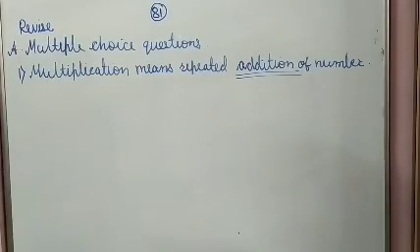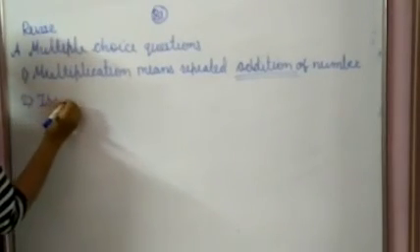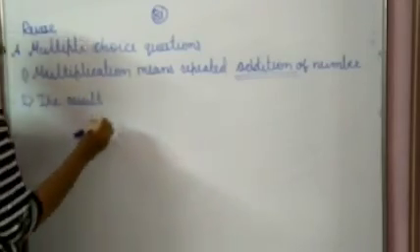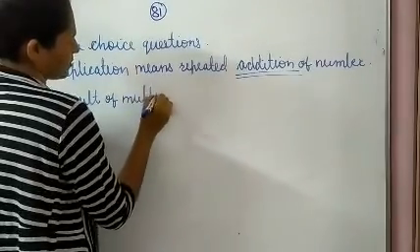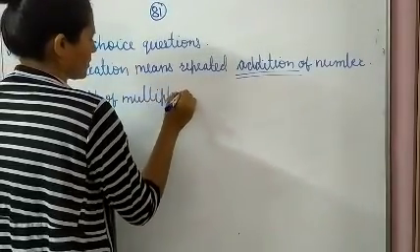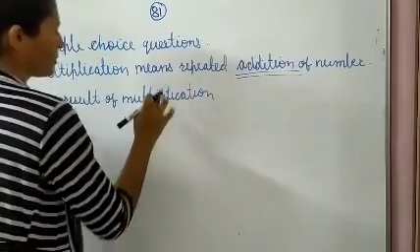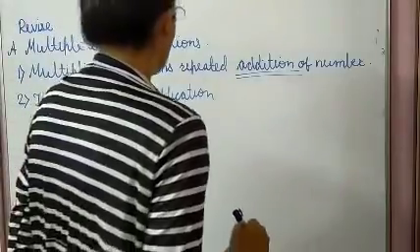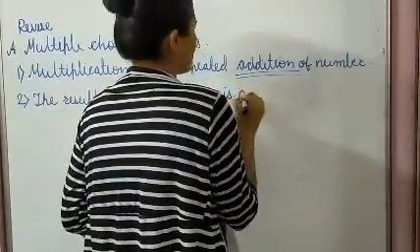Next one. The result of multiplication is called, that I explained. The result of multiplication is called product.